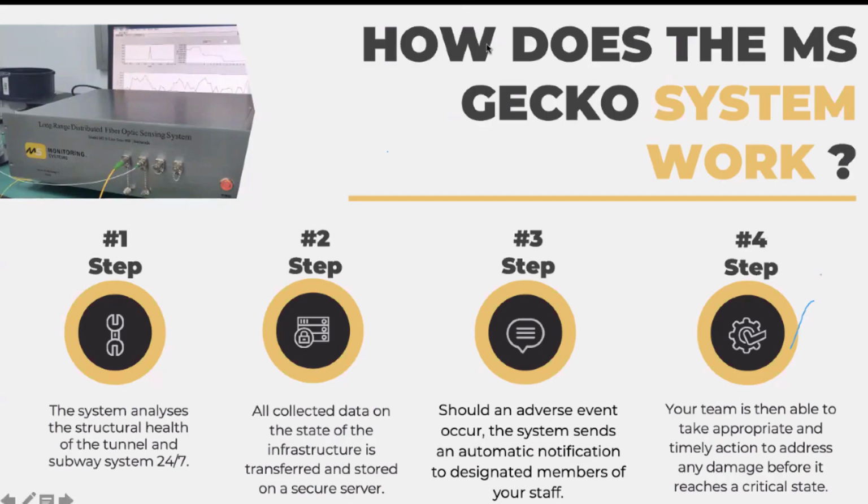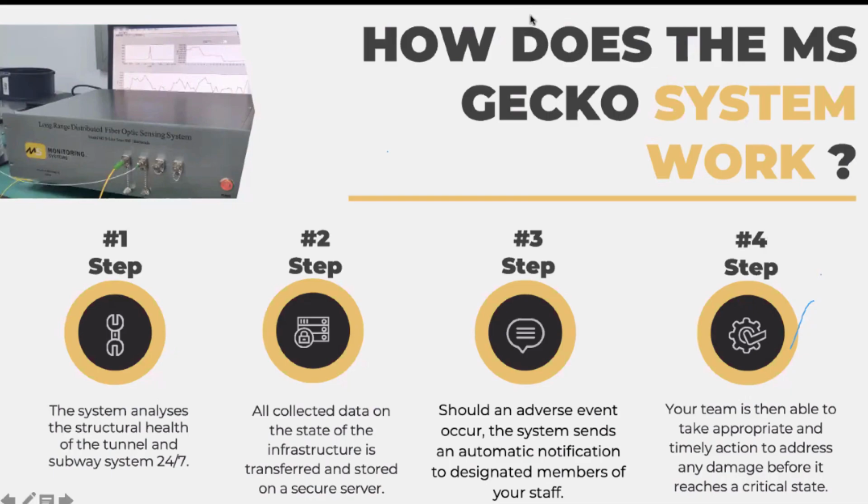In case some kind of event is acquired, the system will send an automatic notification to the designated personnel, notifying them about the place and also about the type of problem acquired at that location. So we can know precisely where, at what point in time, and what sort of damage, based on the data received.